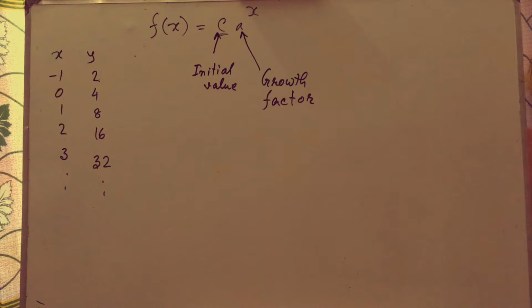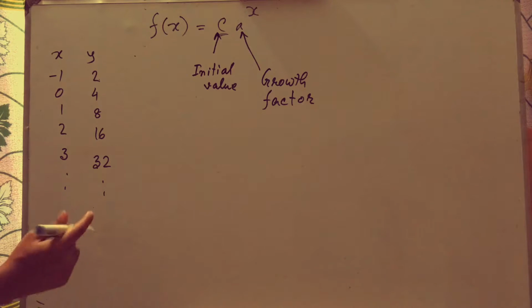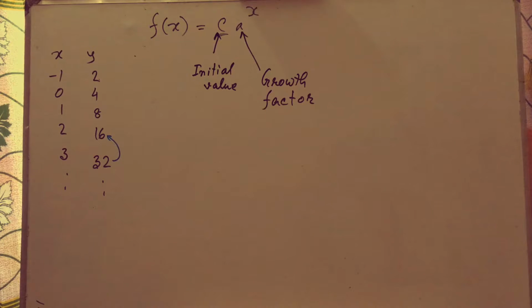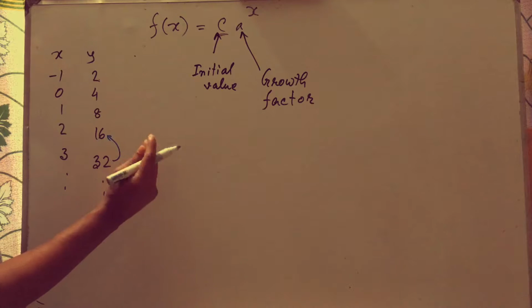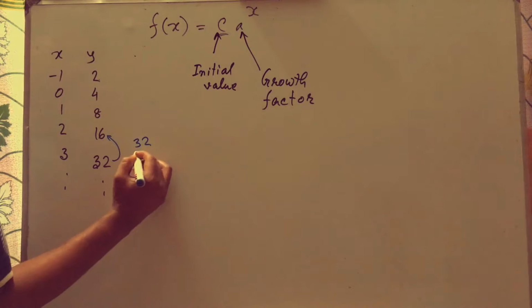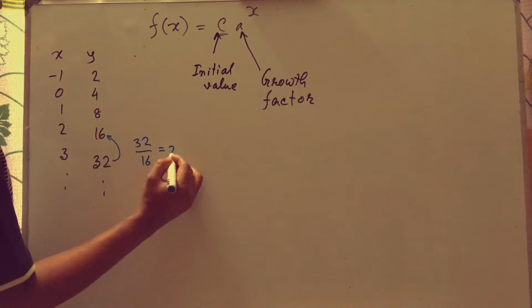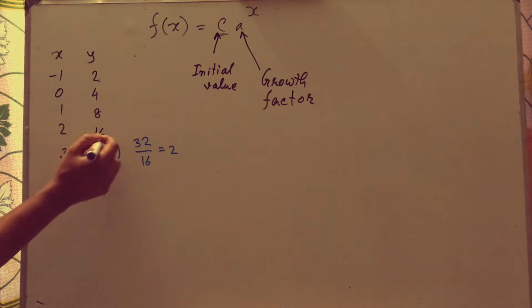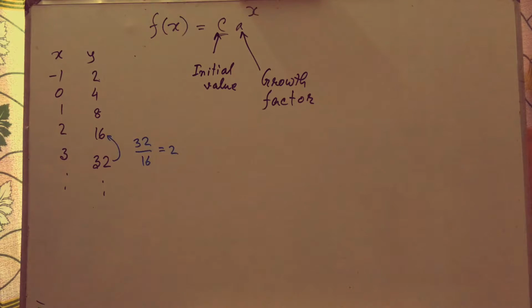Why? The reason is, if you look at these values, 32 divided by 16 equals 2, and everywhere we have this same ratio. 4 divided by 2 equals 2, 8 divided by 4 equals 2, 16 divided by 8 equals 2.